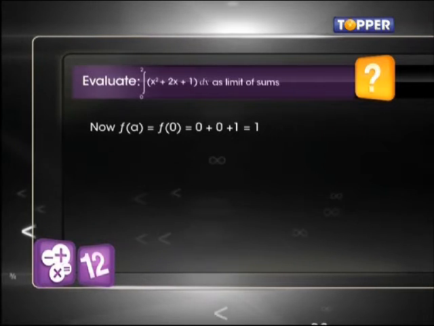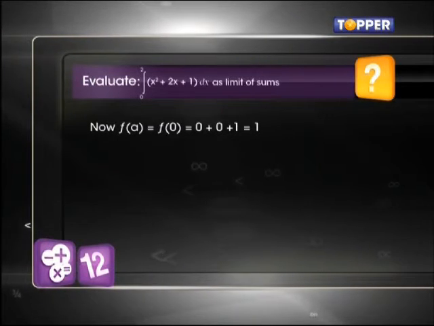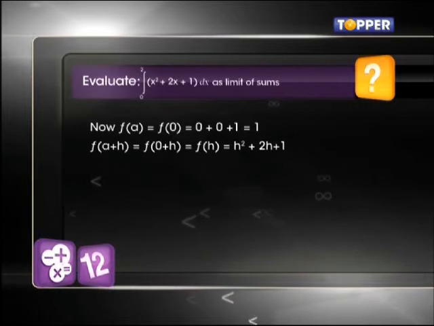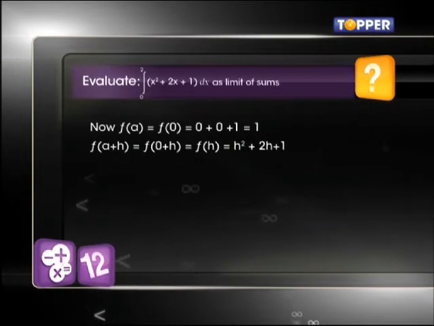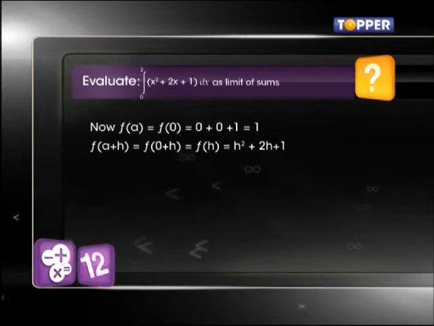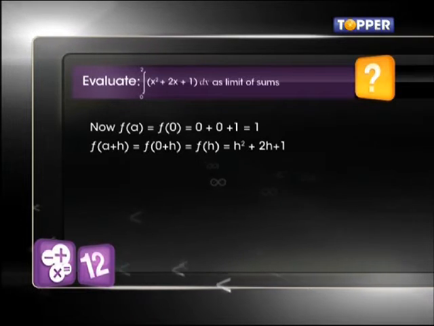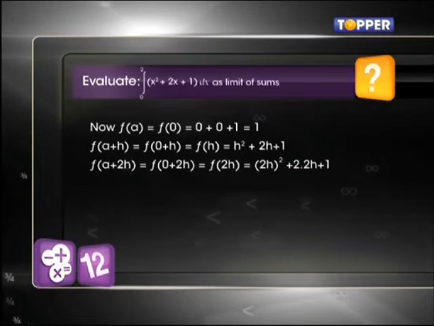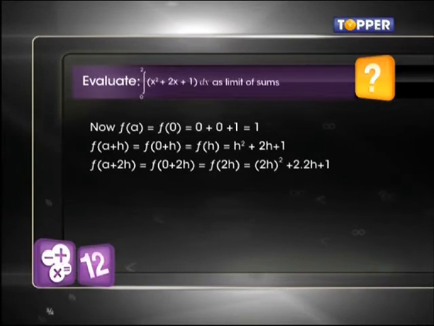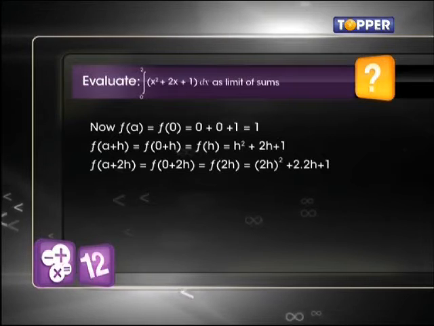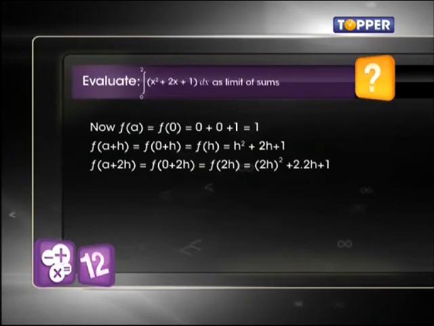Now f(a) is equal to f(0) is equal to 1. f(a + h) is equal to f(0 + h) is equal to h square plus 2h plus 1. f(a + 2h) is equal to f(0 + 2h) is equal to (2h) whole square plus 2 times 2h plus 1.